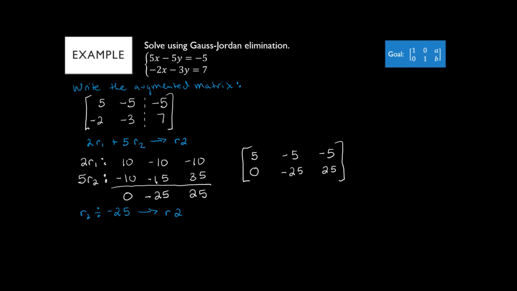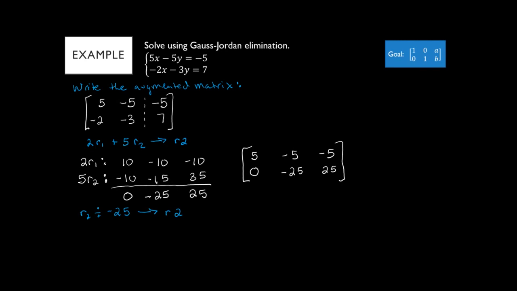You could also write this as multiplying by a negative 1 over 25, and that's how I was taught to write it, but it means the same thing. It's easier to think about it as dividing by negative 25.